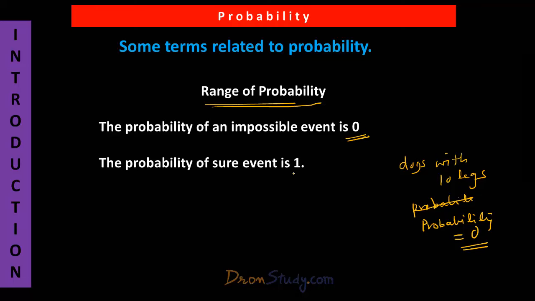And the probability of a sure event is 1 because every time the experiment is performed, it is going to happen. So in this case the probability is 100%, so we say that the sure event probability is 1.